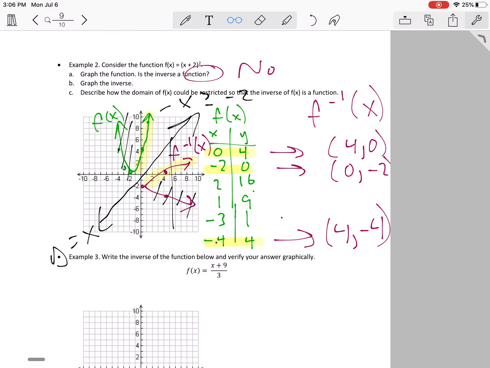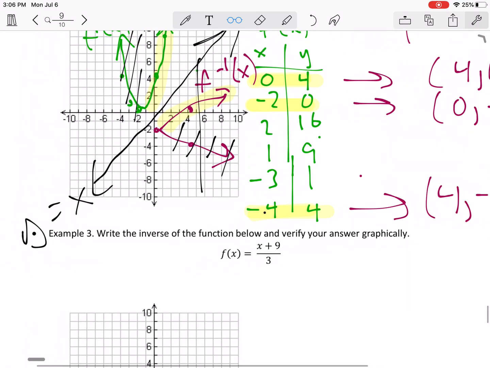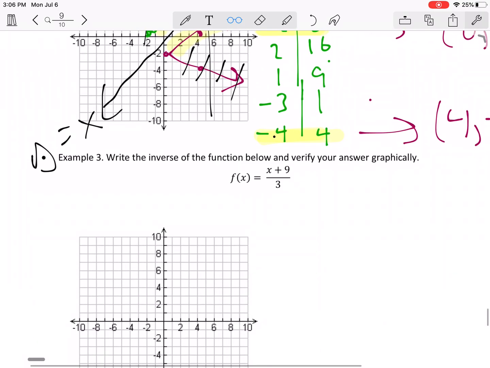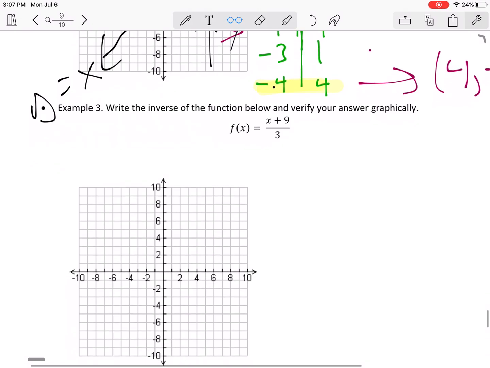Okay, let's look at example 3. This one's a little bit different. They want us to graph this again, but first off, they want us to figure out how to come up with the other equation. So this is your normal function here, (x + 9)/3.